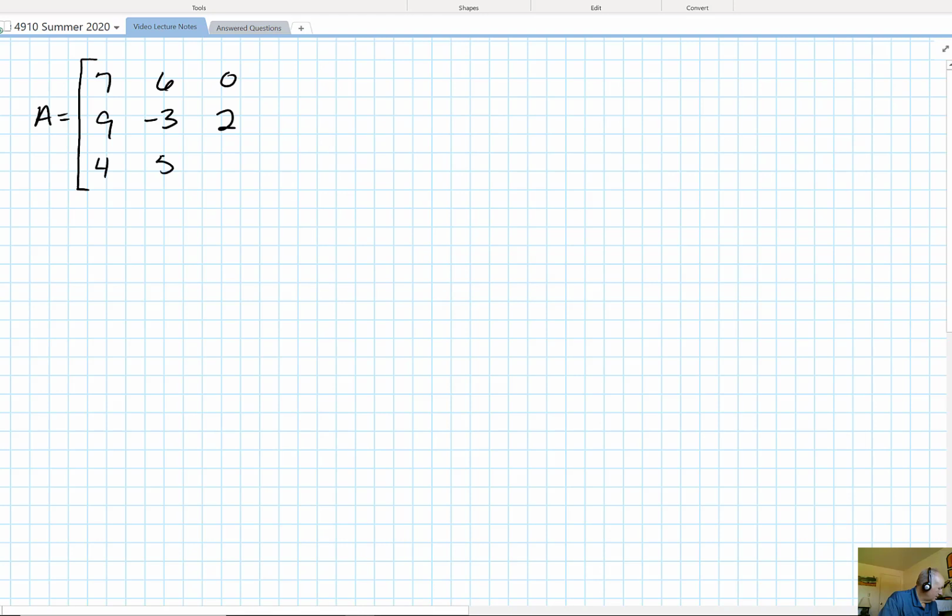Okay, so the first thing we have to talk about is that we have a thing called a minor. The first thing we're going to worry about in this process is finding the minor of this matrix. Okay, so here's how this works.